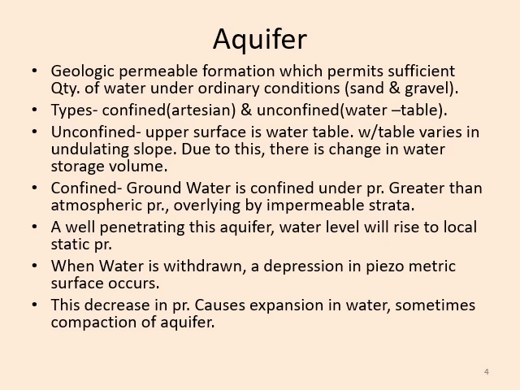This decrease in pressure causes expansion in the water and sometimes compaction of the aquifer. So as the pressure decreases, the water in the void spaces expands, and it gives a compaction effect on the aquifer area.